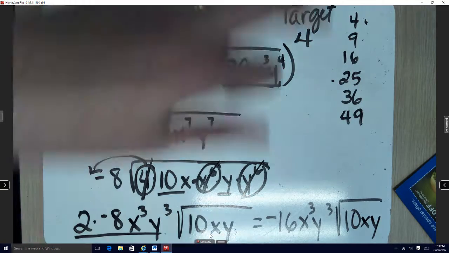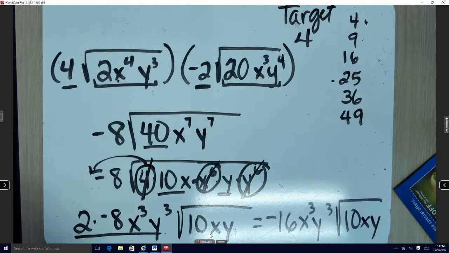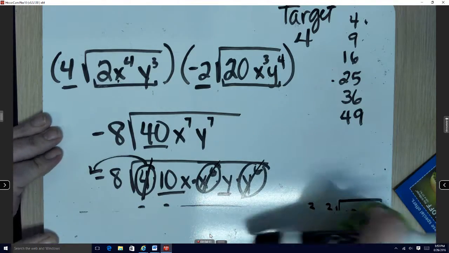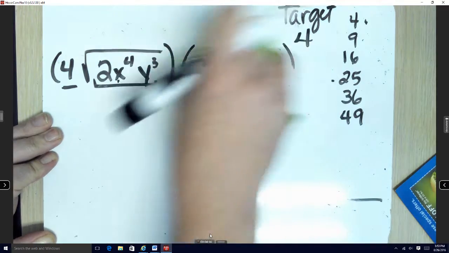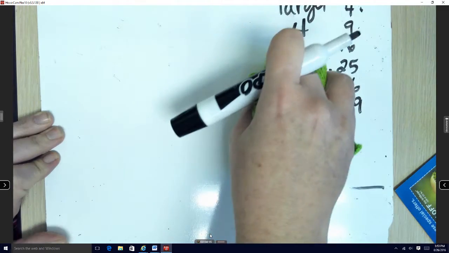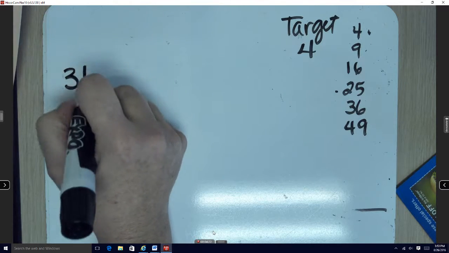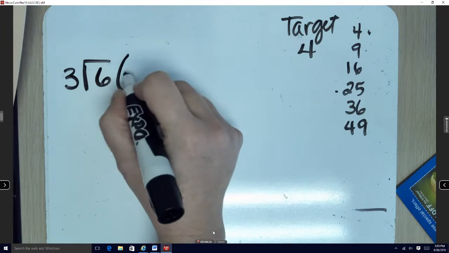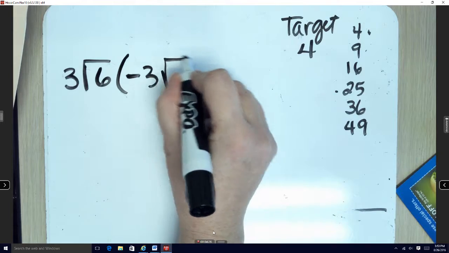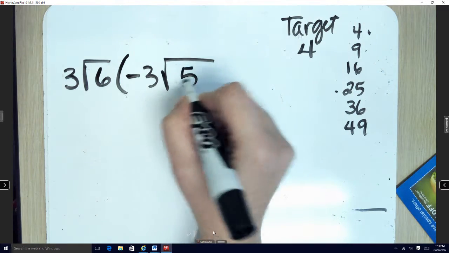Okay. Now the last one is where we have to distribute a little bit. And several of you were able to distribute, but you continue to do a little too much work.